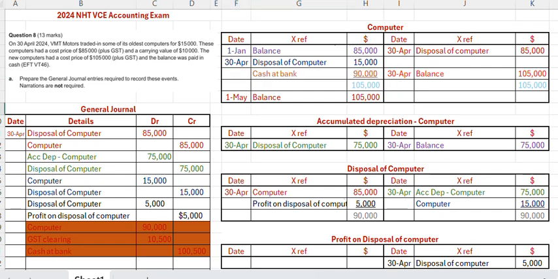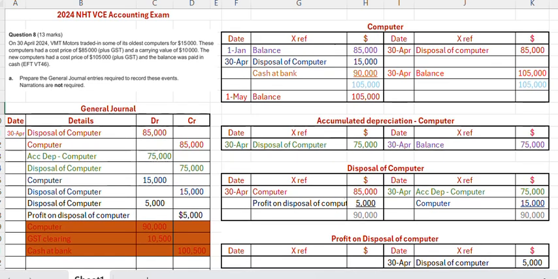So be mindful for this tricky little entry here that the $105,000 balance for our computer is made up of 2 separate cross-references. We've got the $15,000 from the trade-in, and we've got the $90,000 that was paid in cash. So we need to be mindful that we haven't paid the full 105K for the actual new computer because of the benefit of the actual 15K trade-in for the old one.